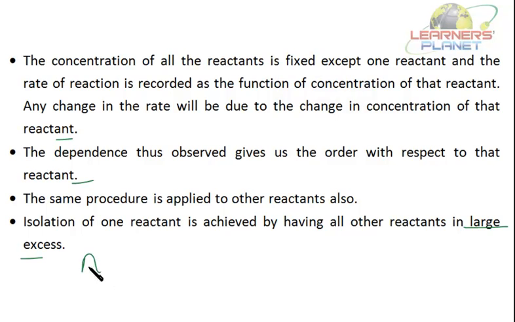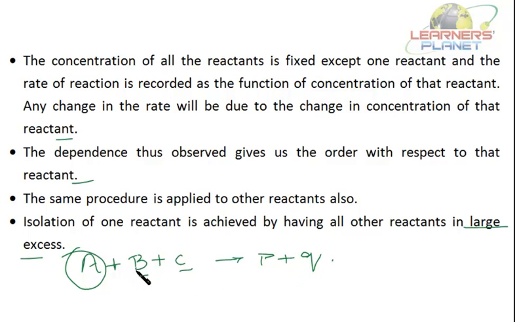Say the reaction goes like A plus B plus C giving the products P plus Q. In this case, if I have to determine the order with respect to A, I'll take the reactants B and C in large excess, so that if there is a minute change in their concentration when the reaction proceeds, it is not affecting.